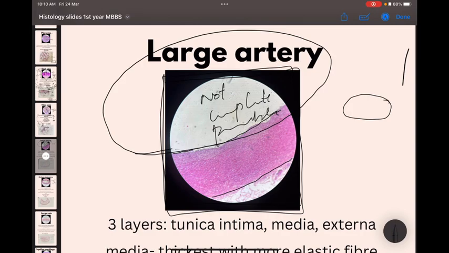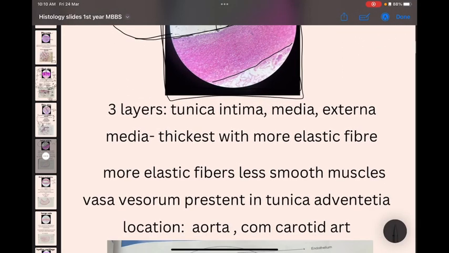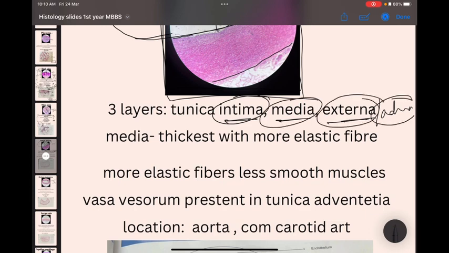Then coming to the key points. 3 layers: intima, media, externa, also called as adventitia. Inner layer intima, middle layer media, outer layer externa or adventitia.